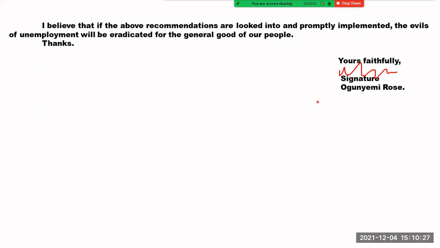You actually append your signature. After yours faithfully, you append your signature, then followed by your full name, Ogunyemi Rose, where the surname is Ogunyemi and the first name is Rose, and then you put a full stop. So this is basically how to write a formal letter.